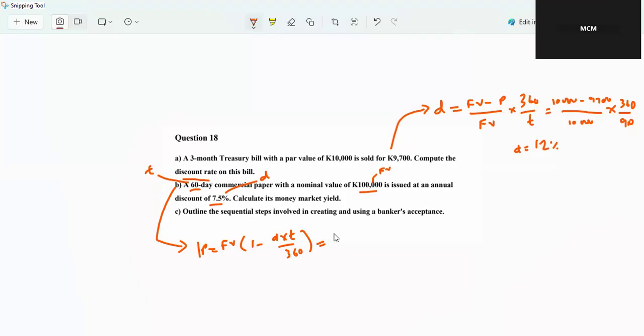So here we're going to have 100,000 times (1 minus 0.075 times 60 days over 360). So to find our issue price first, what is our issue price? We're going to get 98,750.